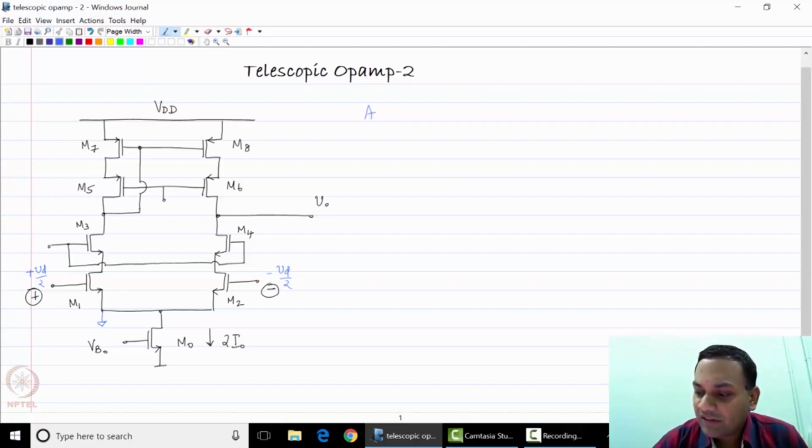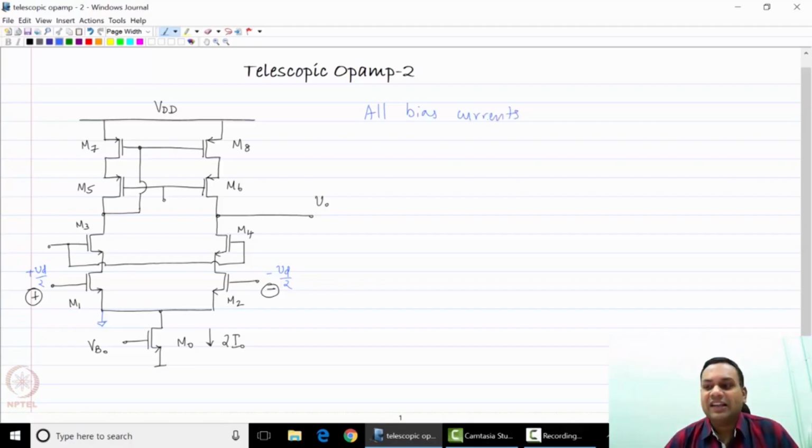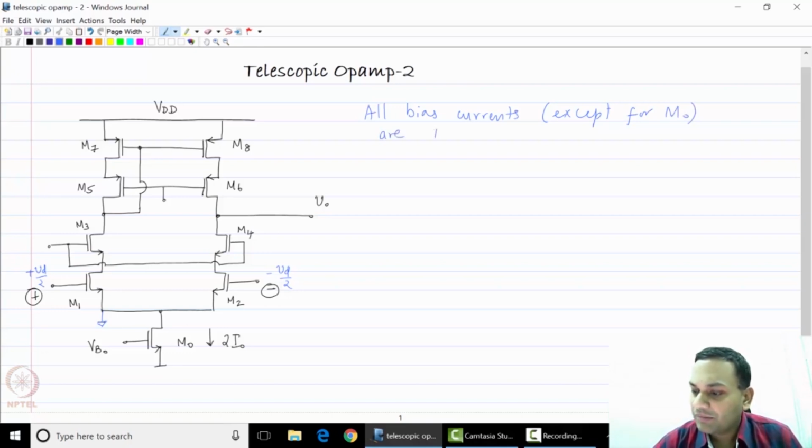So all bias currents, except for M0, are I0. The bias current through each transistor in the circuit M1 to M8 is I0. Of course, the current through M0 is 2I0.